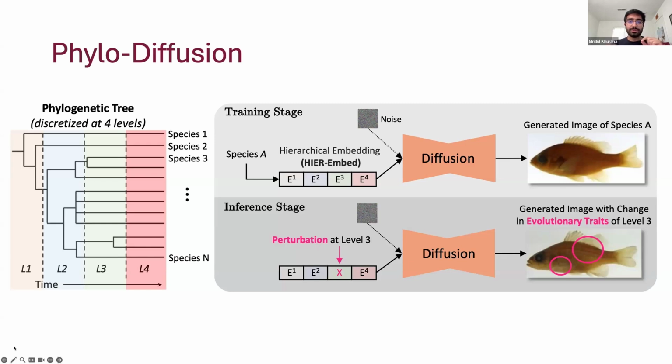The real advantage of using a sequence of 4 tokens that embeds the tree, rather than a single class conditional embedding which can represent a species, comes during the inference stage, where we can perturb the embedding space at different levels in the phylogeny, representing different time periods in the evolutionary history. This will help us visualize these changes in generated species to identify which traits correspond to which node in the tree.